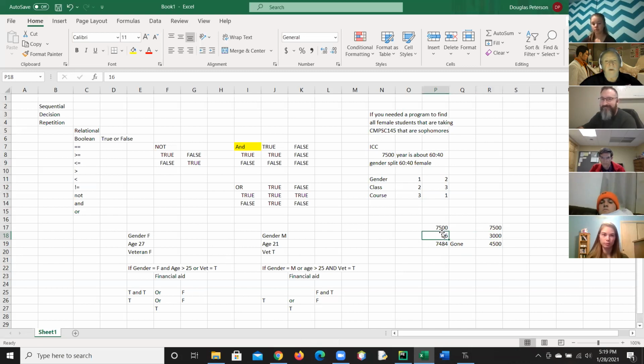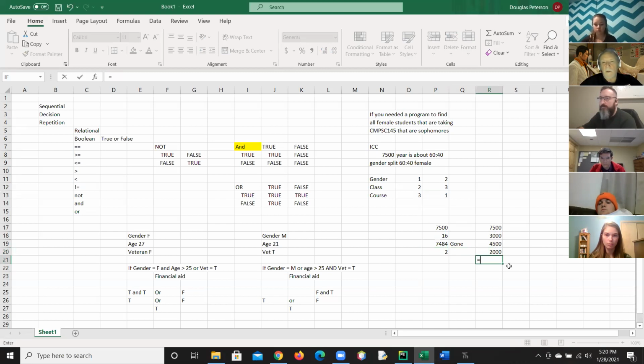And then just think about it really here. I've got 16 people to do. If I do gender next, I'll only have 2 here. Over here, I'm going to have another 60-40 split. So half of three, so I'm going to get rid of 2,000. Oops, that was wrong.